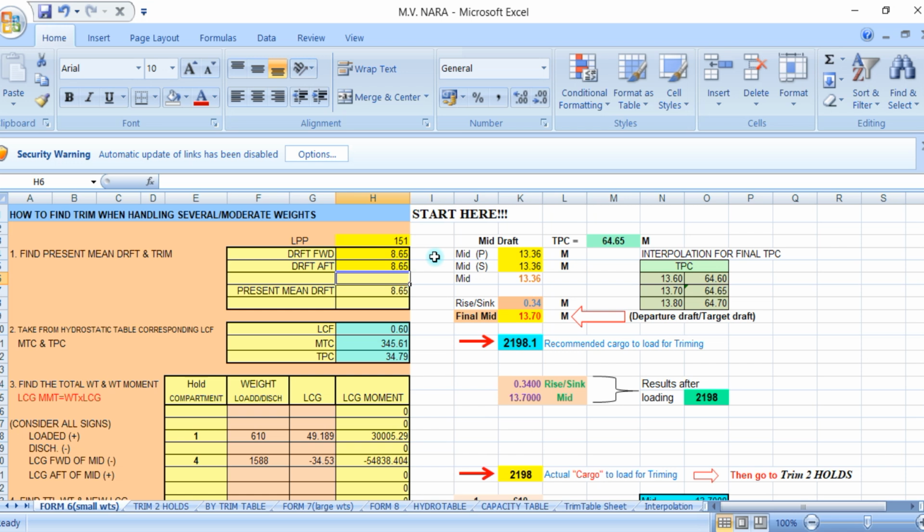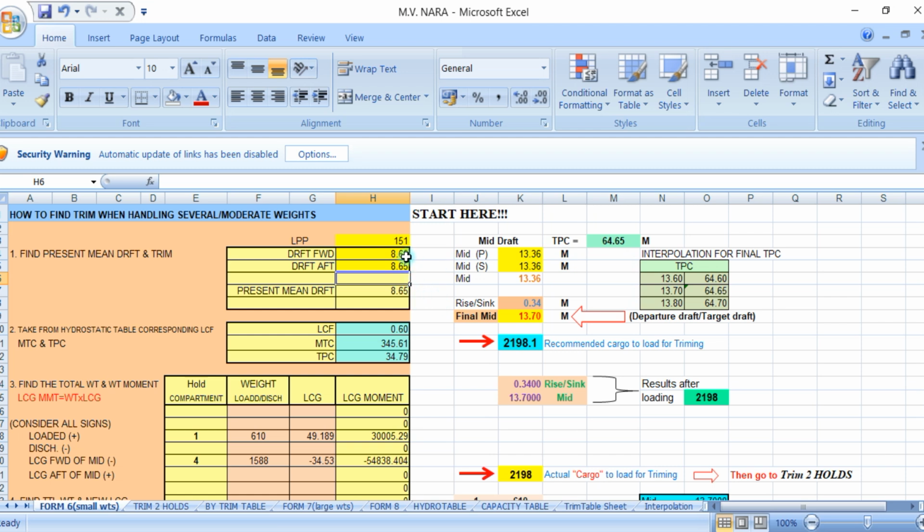The chipmate will get the density, but he will use the density only during the final draft survey report. In loading operations, you don't need to use the density here because it is the actual time where you get the draft. So you disregard the density. You don't need the density when trimming two holes.